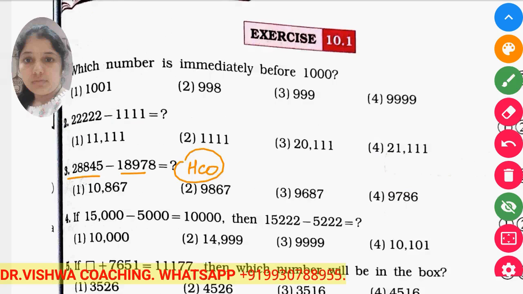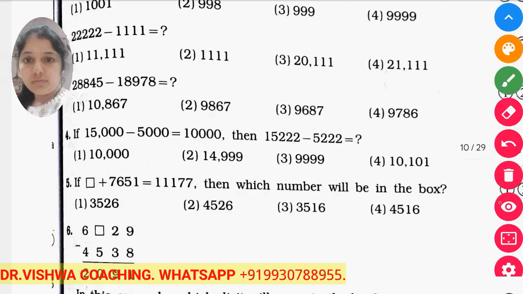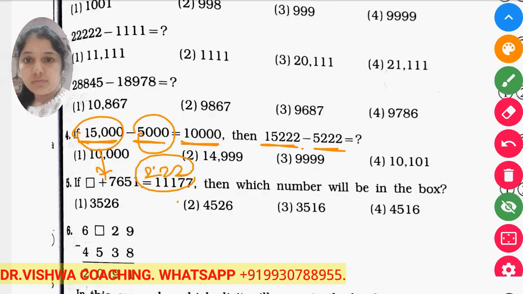Again, in the third problem, you have to subtract a number from the bigger number, so you all can subtract. Now see, in the fourth problem, as we saw in the addition, the same thing is here. 15,000 minus 5,000 is equal to 10,000. Then 15,222 minus 5,222 is equal to? Now see, in both the numbers, in 15,000 and in 5,000, we had added 222.